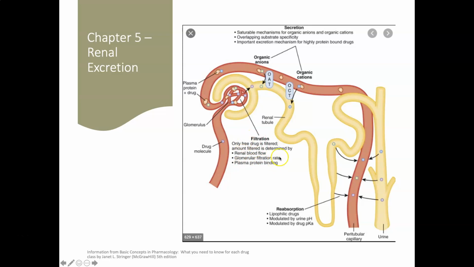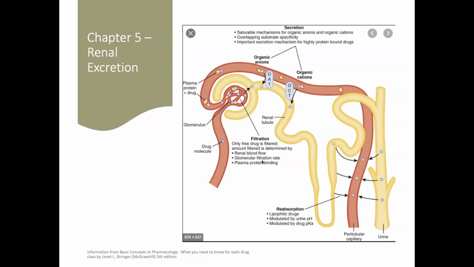You don't need to know that level of detail. What you do need to know is that glomerular filtration is the first step of renal elimination. You also need to know that the size of the molecule is the only limiting factor. So if the molecule is too itty bitty, it's not going to get caught in this process.